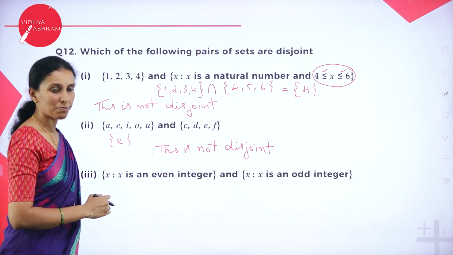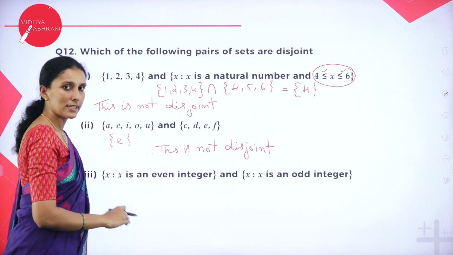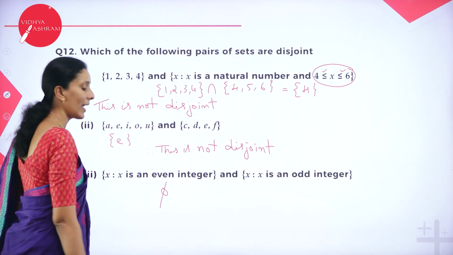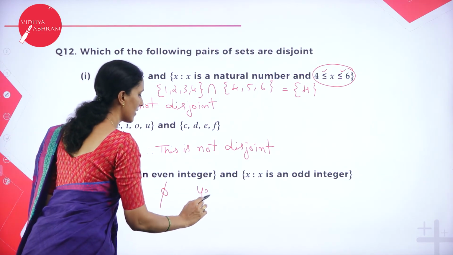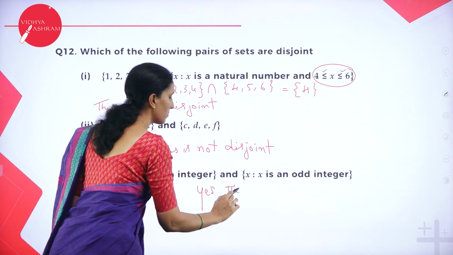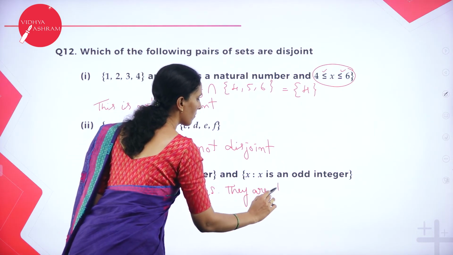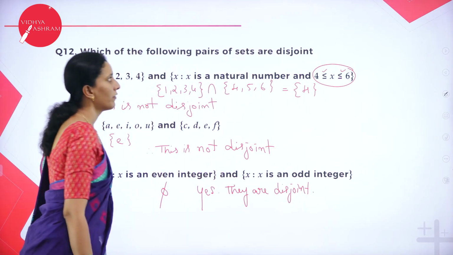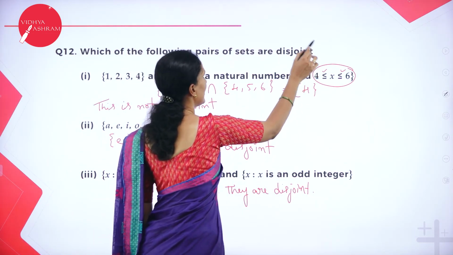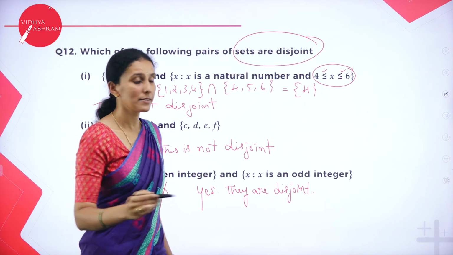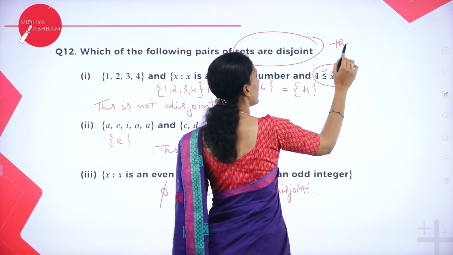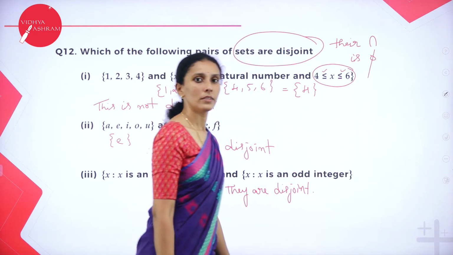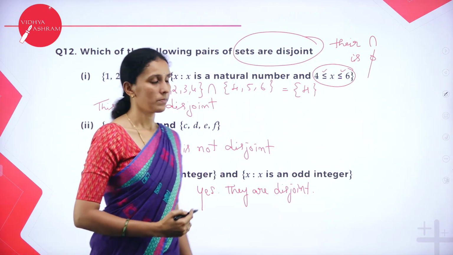As we did in the previous problem, even numbers and odd numbers, when you intersect them, your answer is empty. So, yes, they are disjoint. Whenever we say sets are disjoint, their intersection is empty.